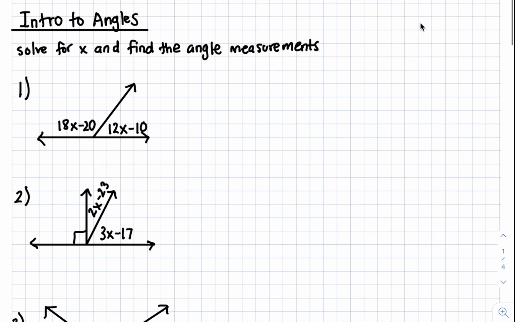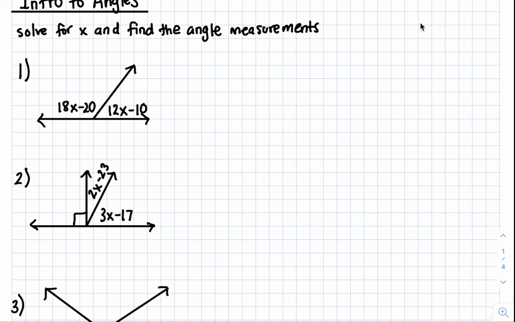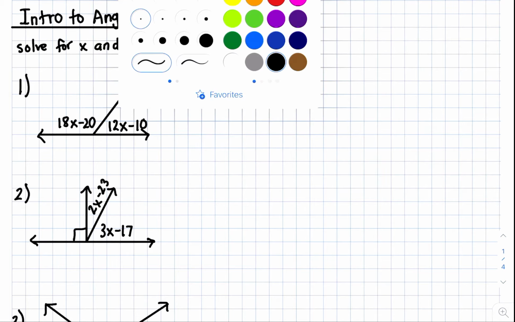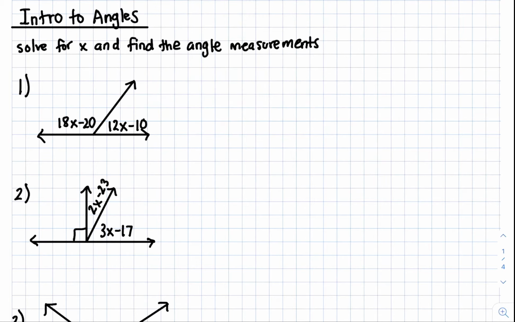So, we have intro to angles first. And this is where you guys are supposed to solve for x and find the angle measurements. So, for number 1, if you recall, this is a linear pair. Since it's a linear pair, that means it's both an adjacent angle and supplementary angles.